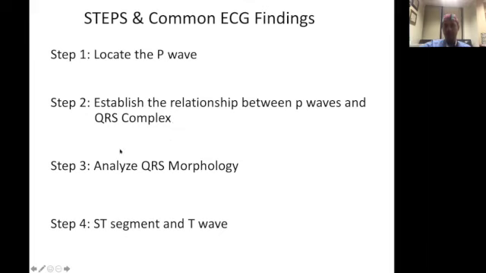After that, I will analyze the QRS morphology, followed by focusing on the ST segments and the T wave. And I kind of force myself to go through all these 4 steps so I won't miss anything, okay? So locate where the P wave is, establish the relationship between the P waves and the QRS complex, analyze the QRS morphology, and then focus on the ST segment and the T waves, okay?